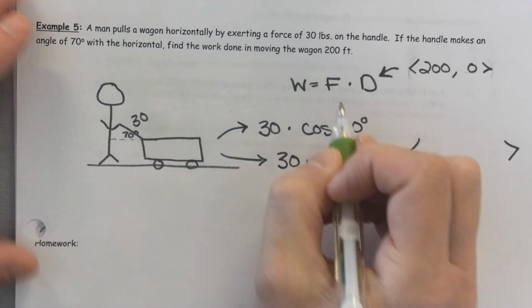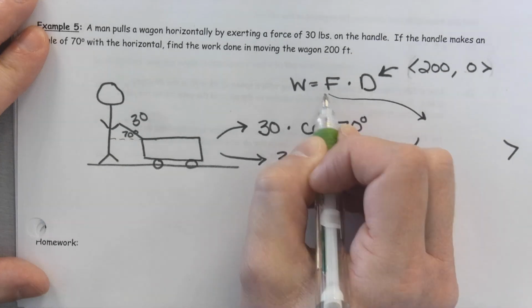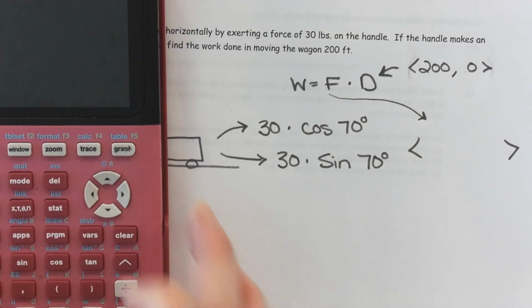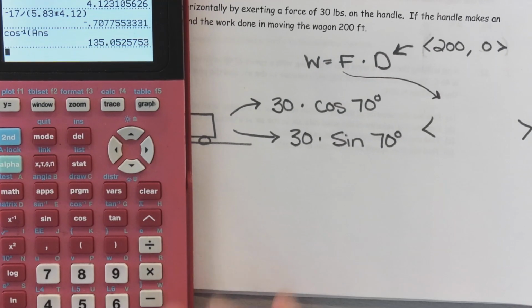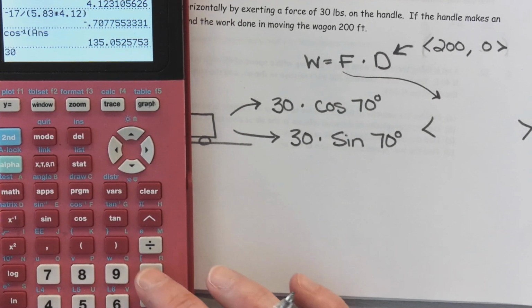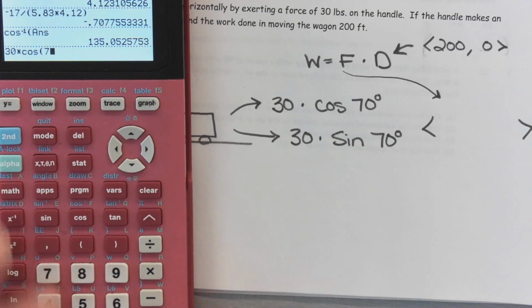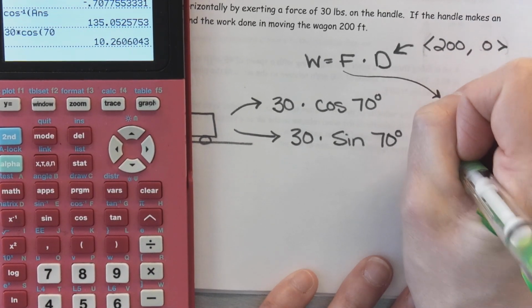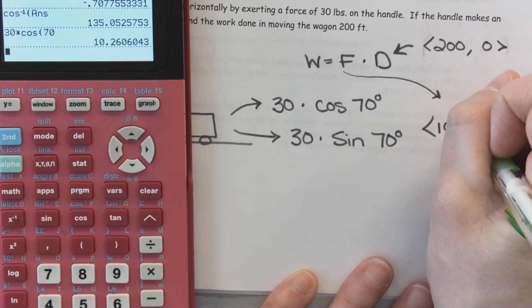So what I'm calculating right here is the component form for my force. Do I know the sine of 70? No. Okay, make sure you're still in degree mode. If you're not, you need to switch back. So for the horizontal component, I get 10.26.